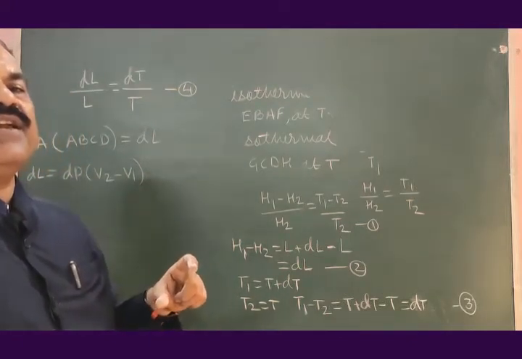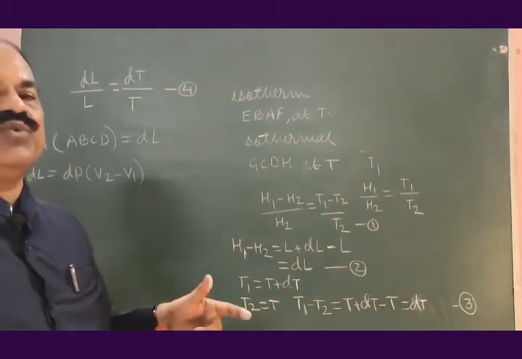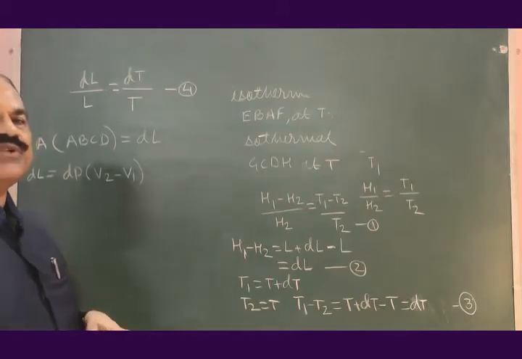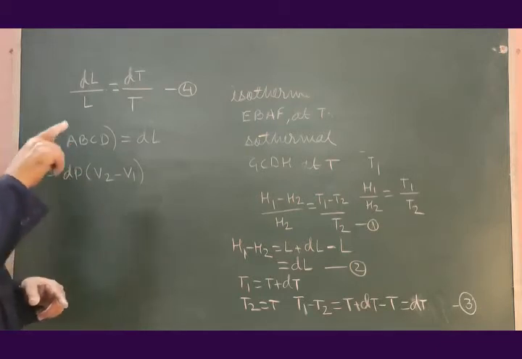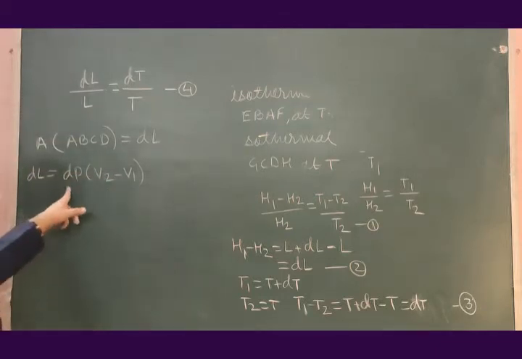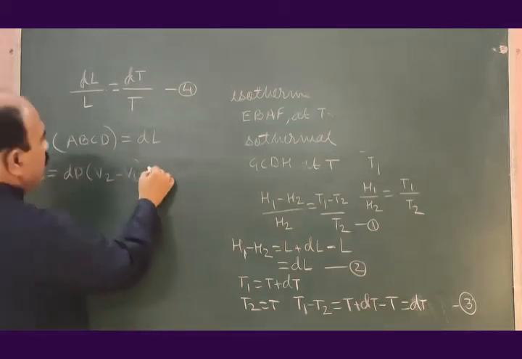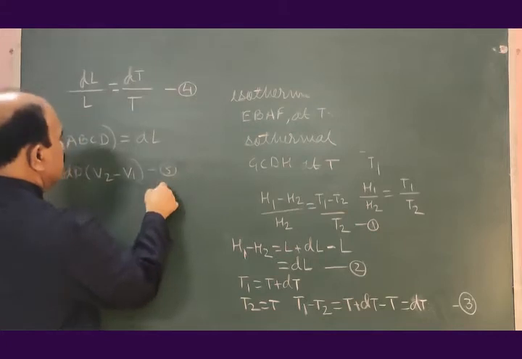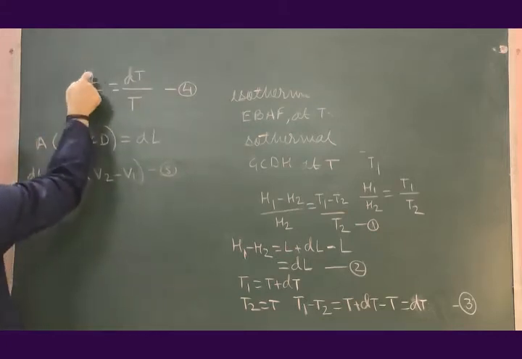Volume at A is V1, volume at B is V2, volume difference is V2 minus V1. Height multiplied by breadth, that will be dl. Equation number 5.